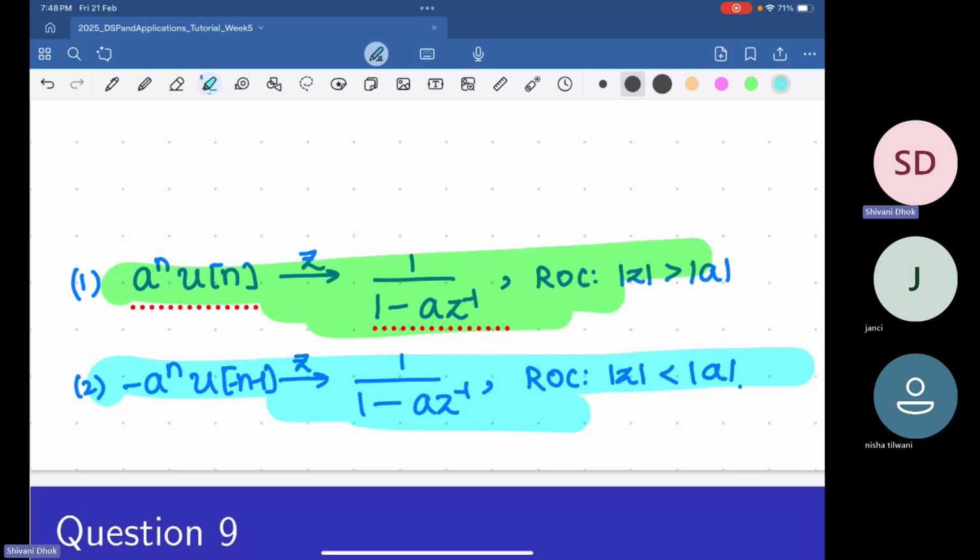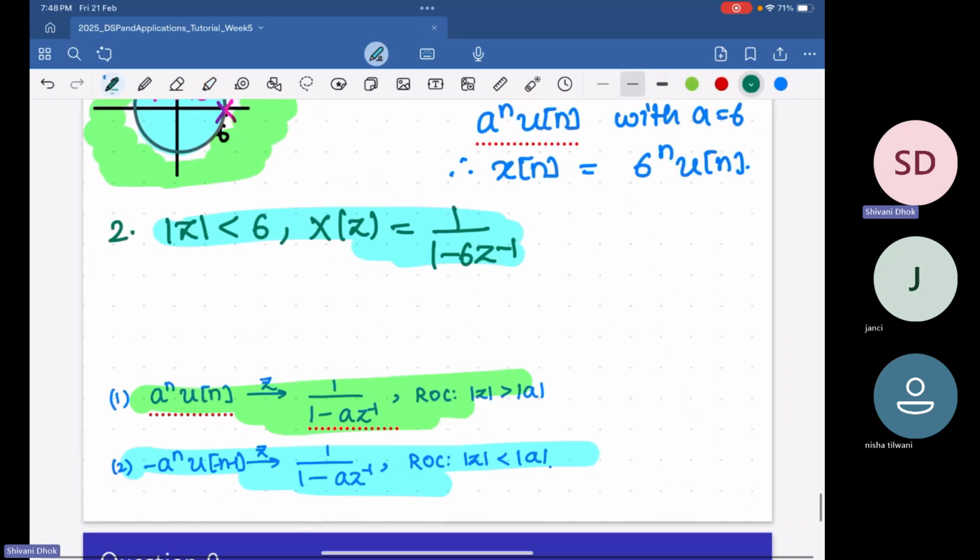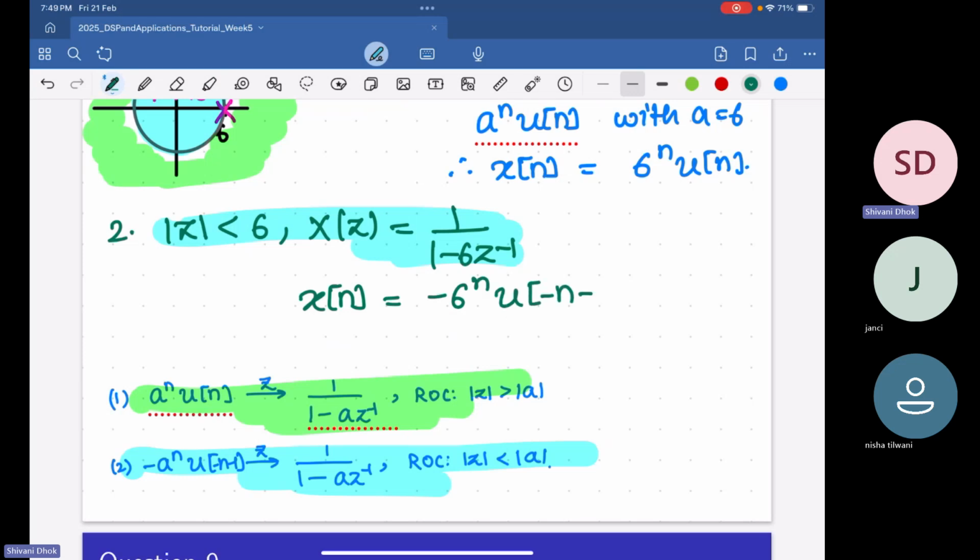We have the inverse z transform as minus a to the power n u of minus n minus 1. So for this particular region, x of n comes out to be equal to minus 6 to the power n u of minus n minus 1. Is it clear? Once you know these standard forms, solving these questions is very easy.